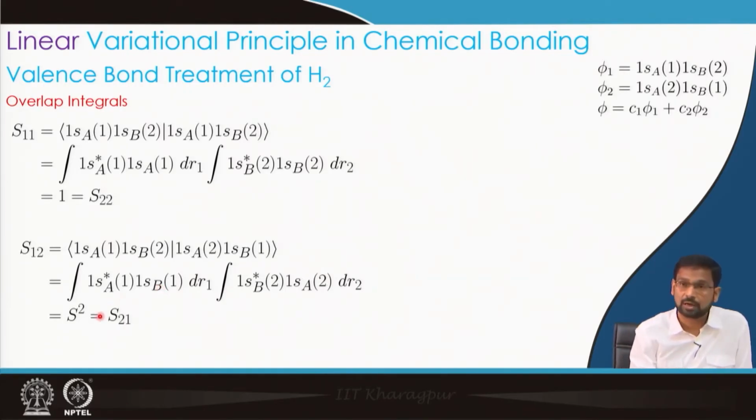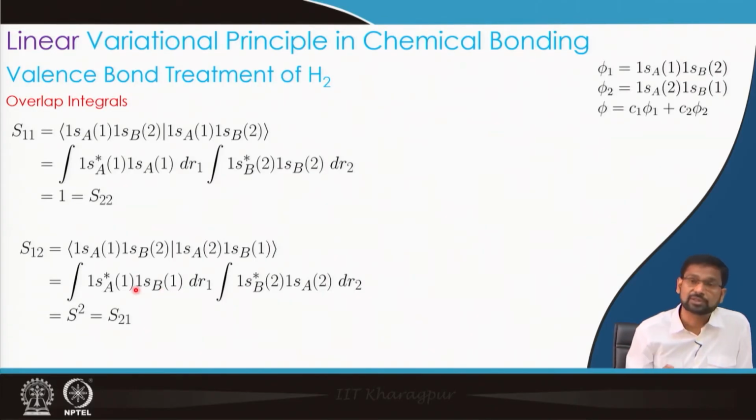So, they are certainly not orthogonal to each other, but they are also not necessarily normalized, because individually they are normalized, but this overlap is not equal to 1, because 1sA is centered around nucleus A, 1sB is centered around nucleus B. So, if the two nuclei are far apart from each other, the overlap of these two functions would not be there.